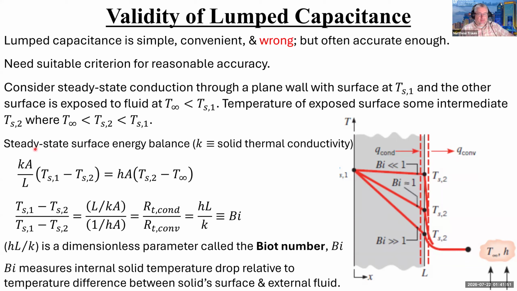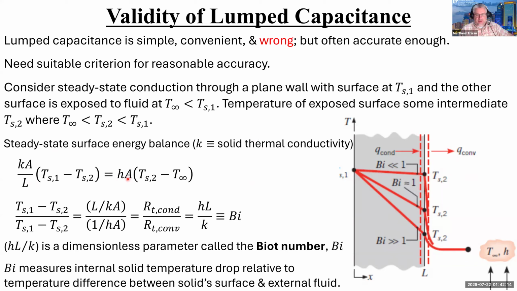Okay. Then, like we've done before, do the energy balance on just this little sliver of the surface and set the conduction entering that surface, KA over L times the temperature difference between this side and this side, equal to the amount of heat that's being convected away.